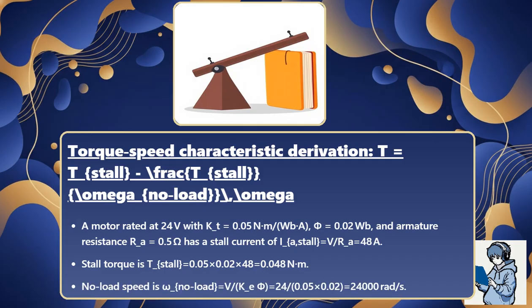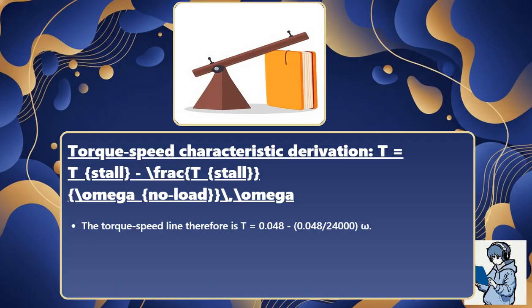No load speed is omega no load equals V divided by open parenthesis K sub E phi close parenthesis, equals 24 divided by open parenthesis 0.05 times 0.02 close parenthesis equals 24,000 radians per second. The torque speed line therefore is T equals 0.048 minus open parenthesis 0.048 divided by 24,000 close parenthesis omega.